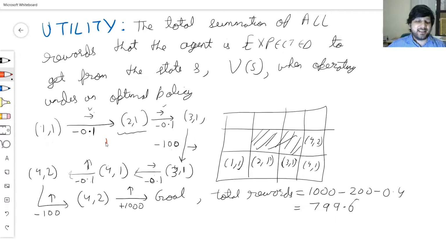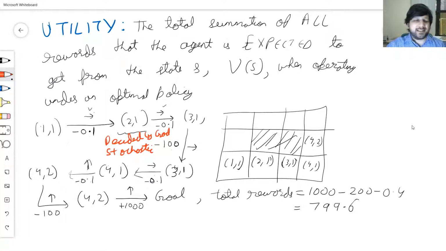This is decided by God, or this is stochastic. And hence I may not reach the same spot again, and hence my sequence will differ. Once my sequence differs, my total rewards will differ, so I will get a different value.